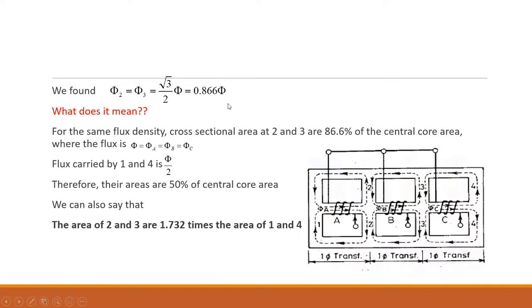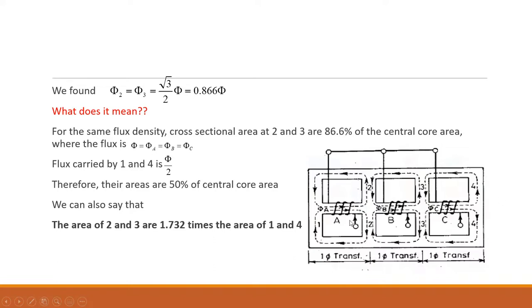So what is phi here? Basically phi is nothing but phi A equal to phi B equal to phi C, you can say. And the flux which is carried in this section, already we said, is phi by 2. It means we understand that it is 50% of the central core area. So in other words, we can conclude that the area of section 2 and section 3 is 1.732 times the area of 1 and 4.